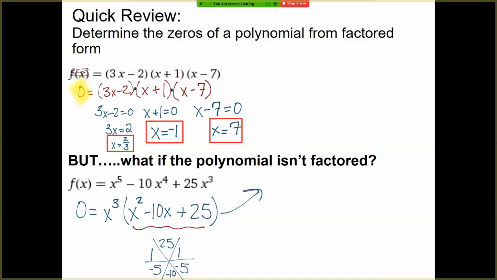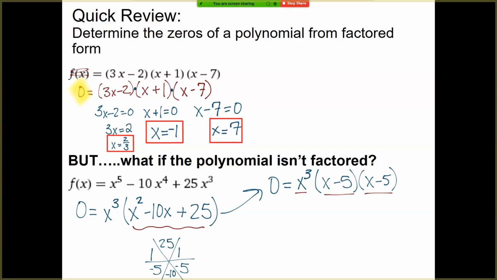What that means is that instead of x squared minus 10x plus 25, I now have x minus 5 times x minus 5. I cannot factor this any further, so this is completely factored. Once you're completely factored, you're going to set all of your factors equal to 0.